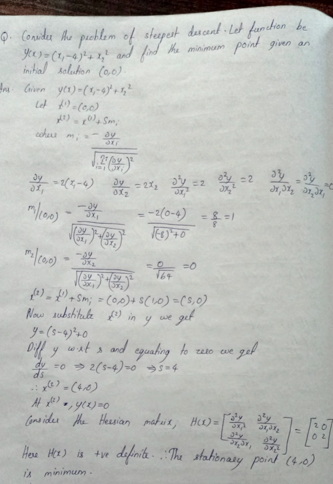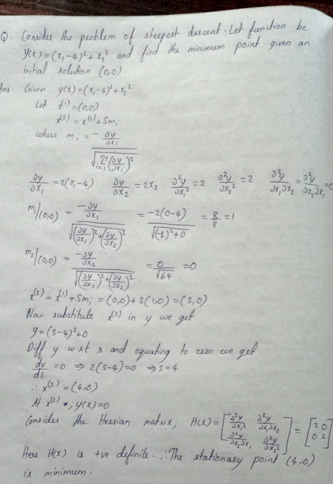Then we find m1 and m2 at the initial solution 0, 0. Firstly, m1 at 0, 0 is given as minus dou y by dou x1 by root of (dou y by dou x1) whole square plus (dou y by dou x2) whole square, that is given as 8 by 8 equal to 1. Then m2 at 0, 0 is obtained as 0.